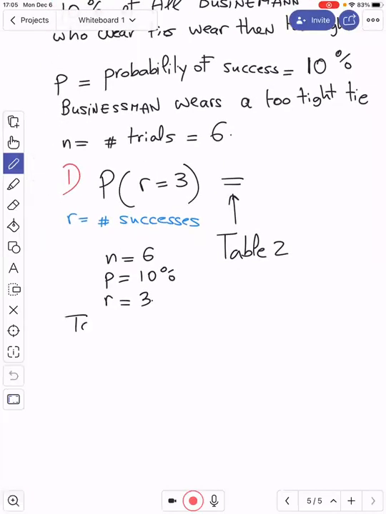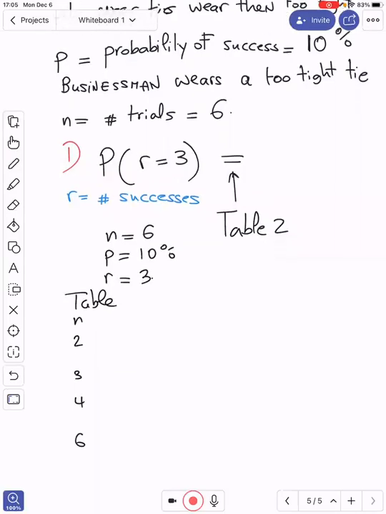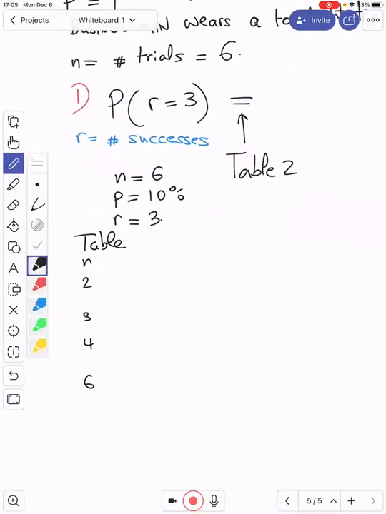So, in this table number 2, you have N, this is like 2, then 3, 4, etc. And then you have 6. And next to 6, you have R, the number of successes. Right? So next to 6, you have 0, 1, 2, 3, 4, 5, 6. Okay, and we need R to be equal to 3 in this problem, right?